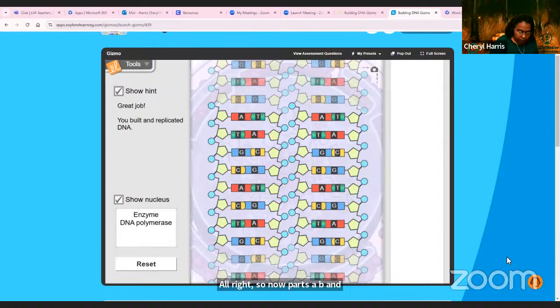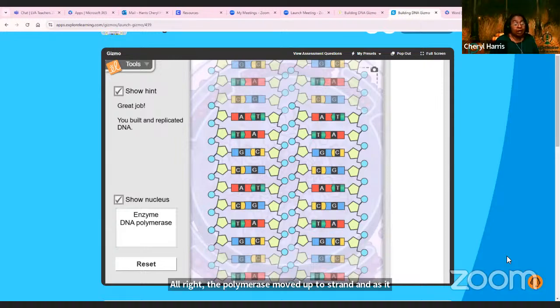The first one, when I dragged, every time I dragged the correct nucleotide where the polymerase was, what happened? All right, the polymerase moved up the strand, and as it moved up the strand, what did it do?